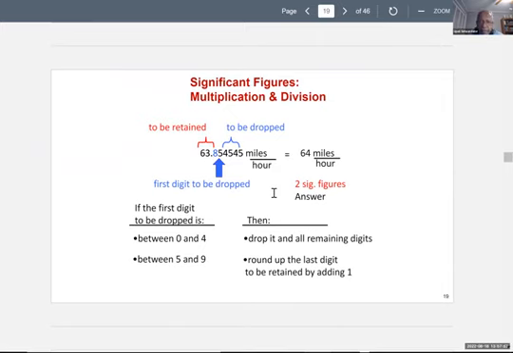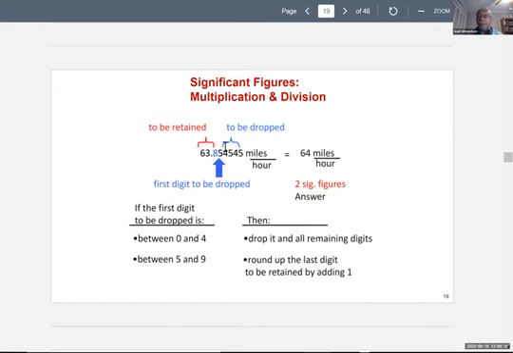Along with 8, you drop all other numbers to the right. Therefore, 8 is greater than 5, between 5 and 9. Round up the last digit to be retained by 1. The last digit to be retained is 3 here.